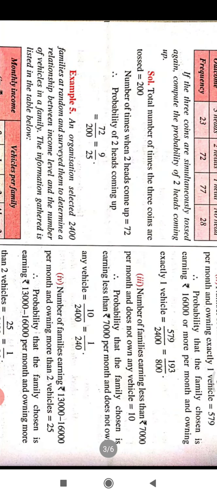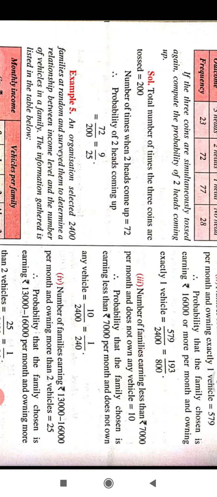So we can use 579 upon 2400. Now it will be cut. 2400 is cut by 3, so 8 3s are 24, and 579 is cut by 3, it will be 193. So in this way we can find the probability.